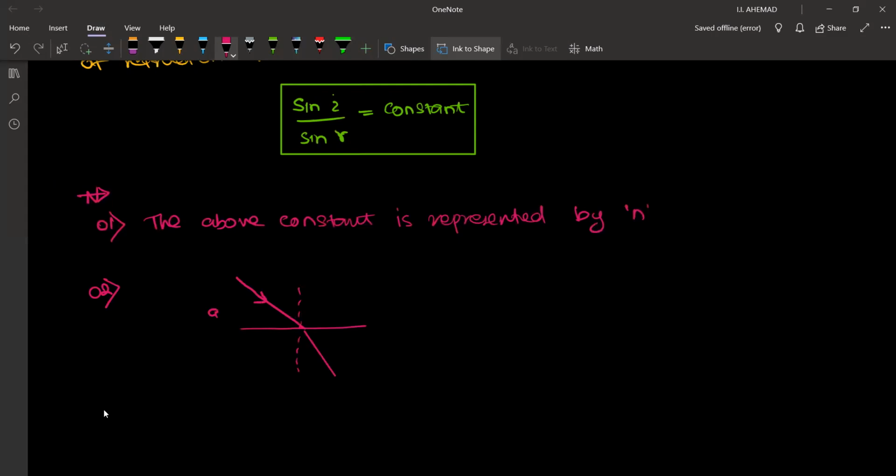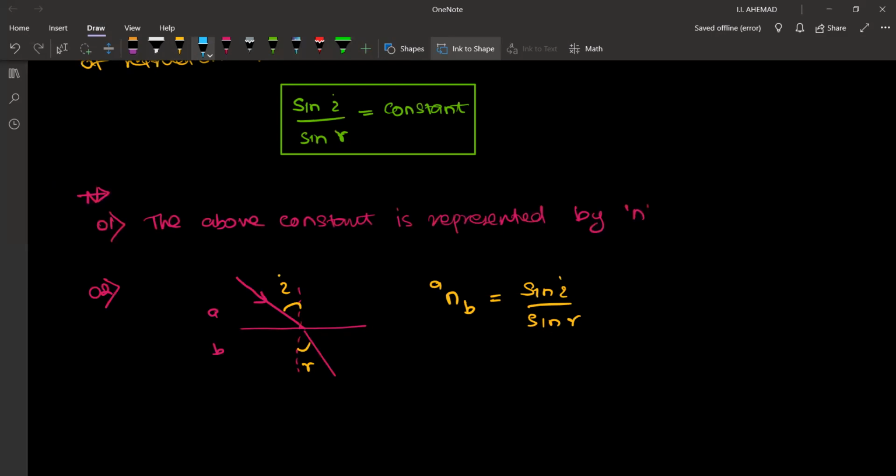So this is A and this is B. This will be the angle of incidence I, and this is the angle of refraction R. So here we write N_BA is equal to sine I over sine R. Carefully look how I write this notation.